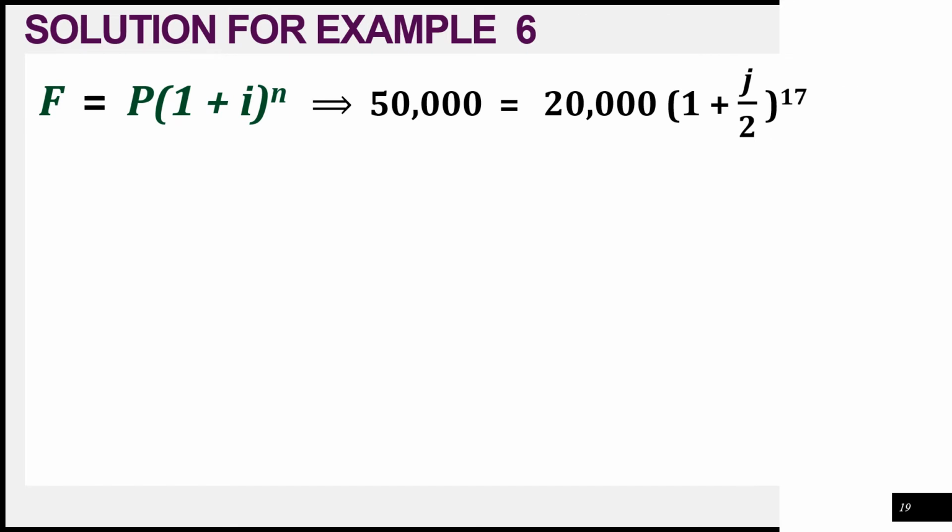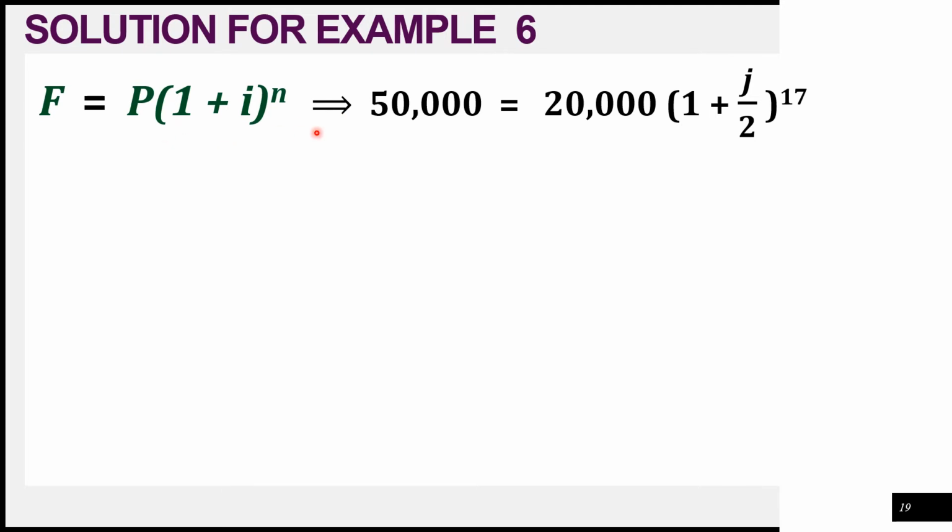Substituting the values previously given, we have the formula F is equal to P times the quantity of 1 plus i raised to the power of n. For this example, we are using the formula for the future value, although we are looking for the value of j.